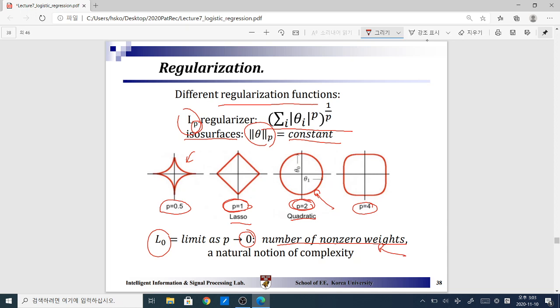It's something that you don't really have to know at this point, but I just want you to know that you have different types of regularization functions.